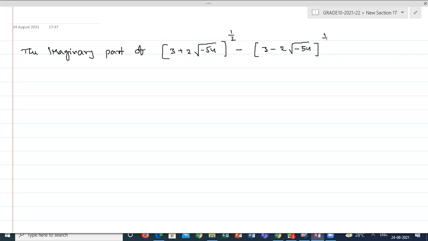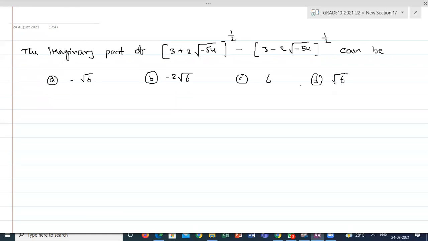It can be: option A, minus root 6. Option B, minus 2 root 6. Option C, 6. Option D, root 6.